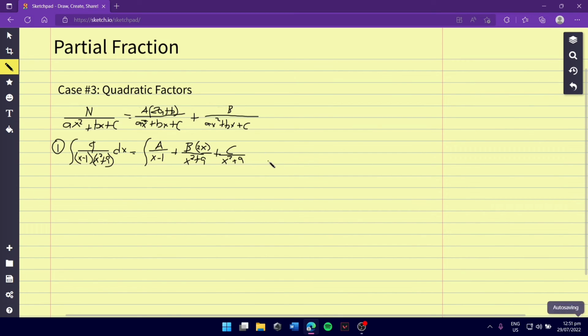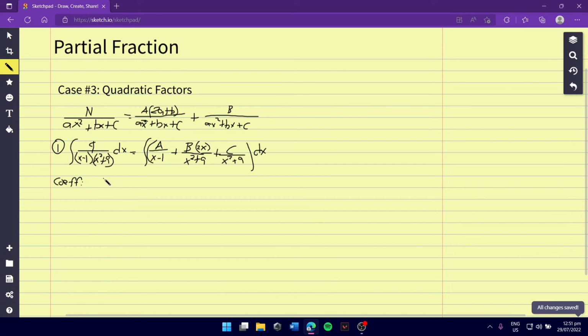Okay, so next, in order to solve for this equation, we will use, times your dx pala, we will use your coefficient method. So in the coefficient method, we will copy first our given.